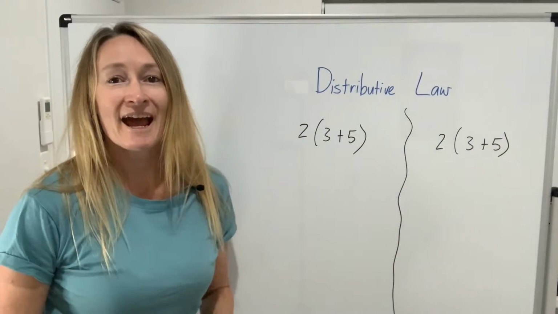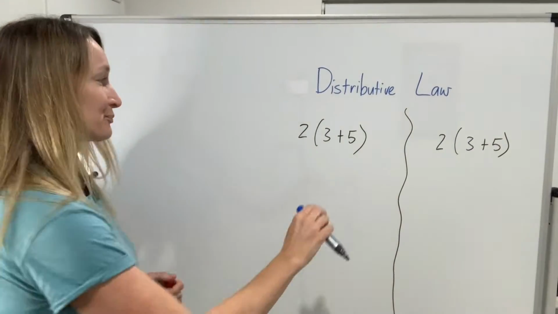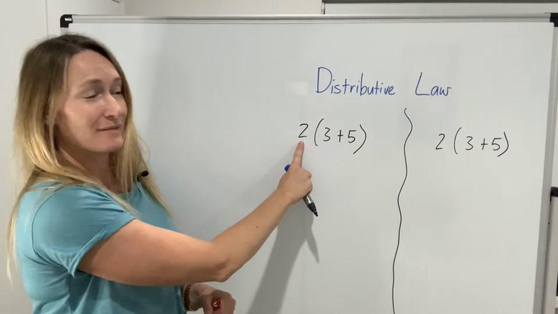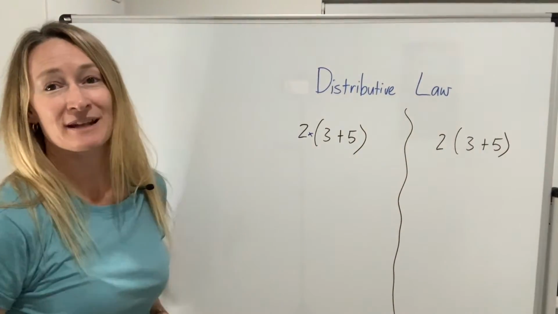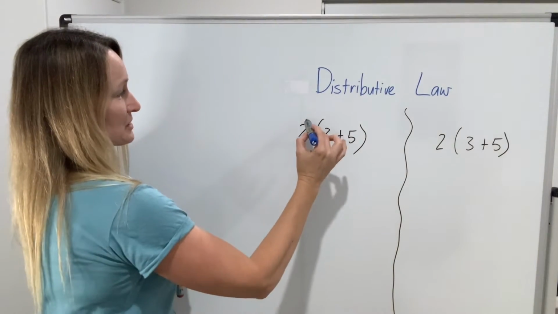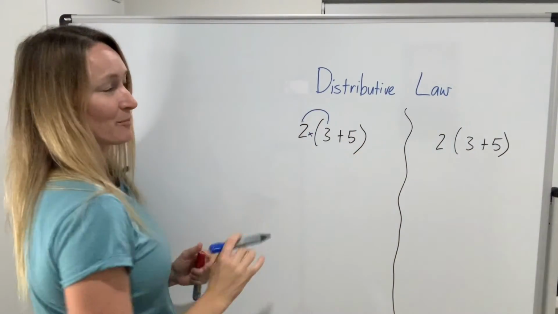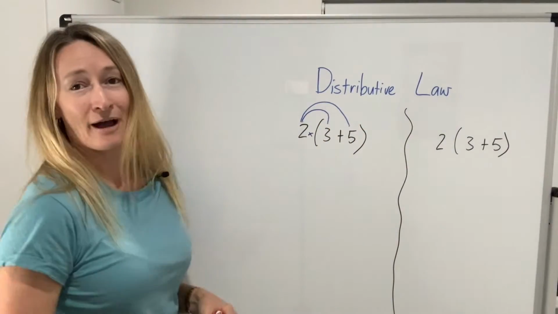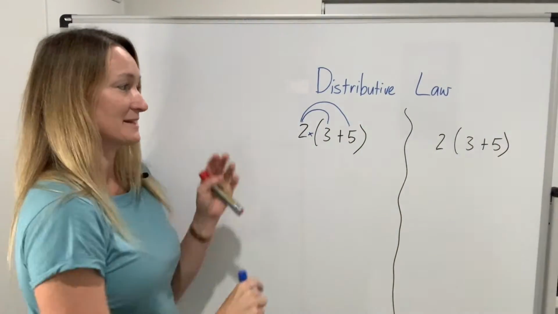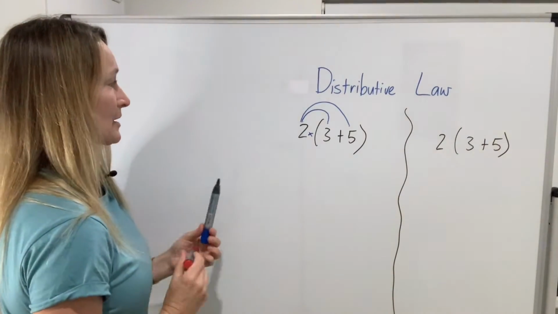Let's have a look at how to use distributive law. This 2 needs to be multiplied by the two terms that are in the brackets. So we need to do 2 multiplied by 3 and 2 multiplied by 5. And that will expand this expression.